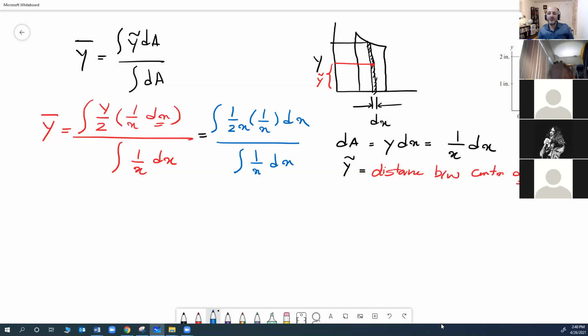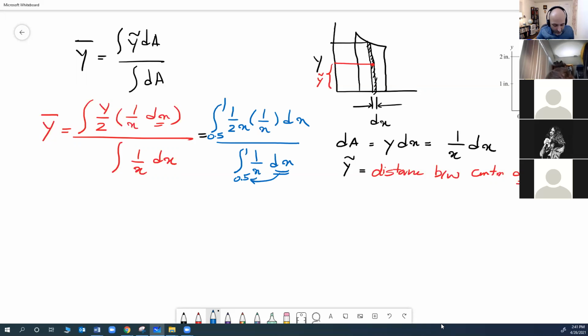So what are the bounds of the integral here? What should I put as the bounds? Because this is dx, these need to be x, and it moves from 0.1 to 1.